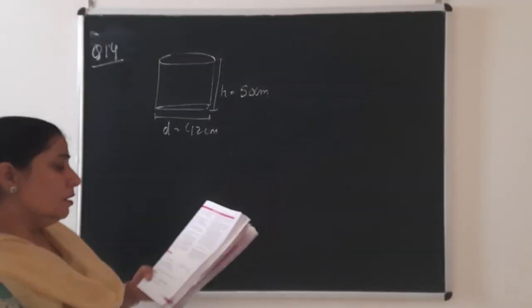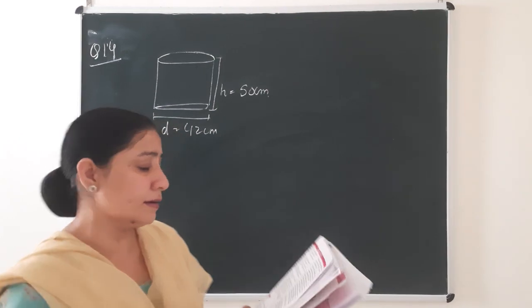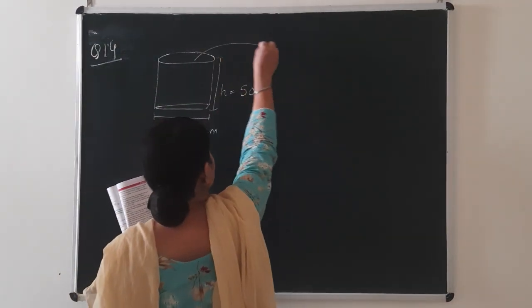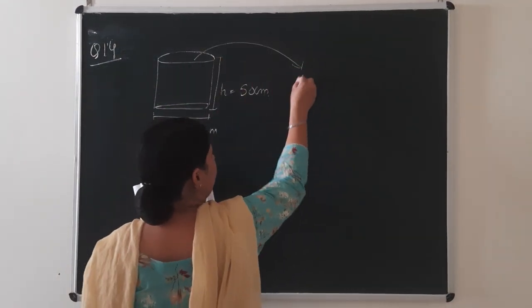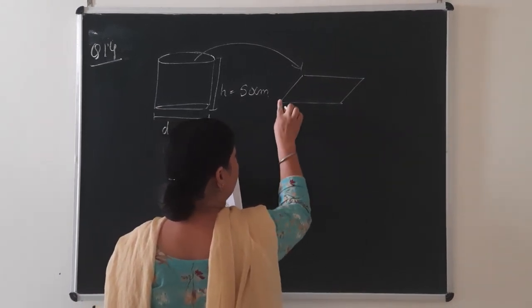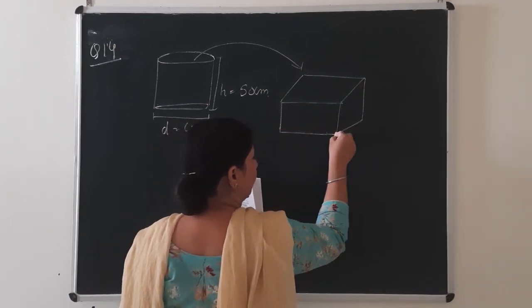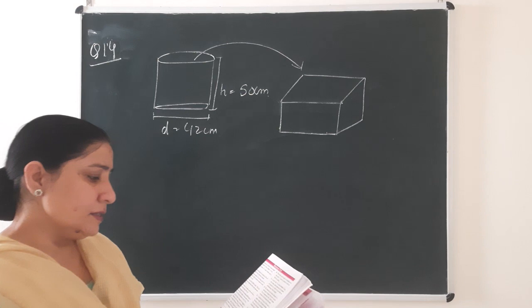He is saying the water is emptied into a rectangular tank. So the water that is here is being shifted inside a rectangular tank. This is the shape of the tank, where we shift the water. Now what is he saying?